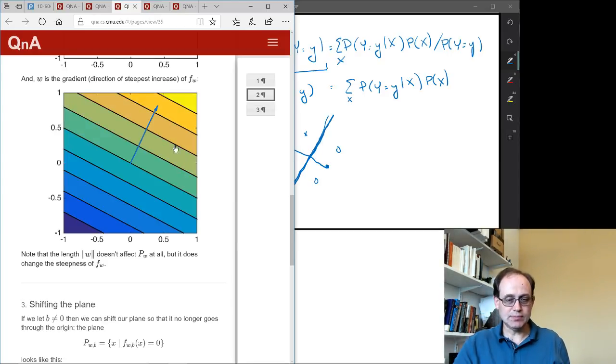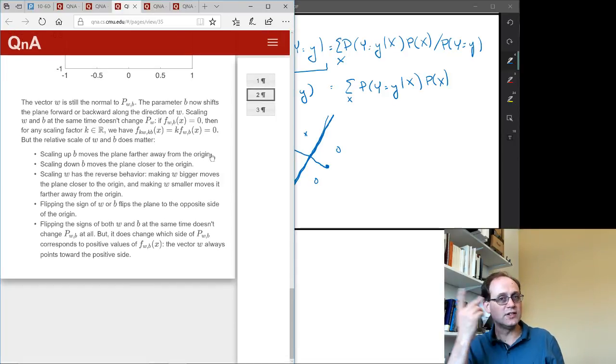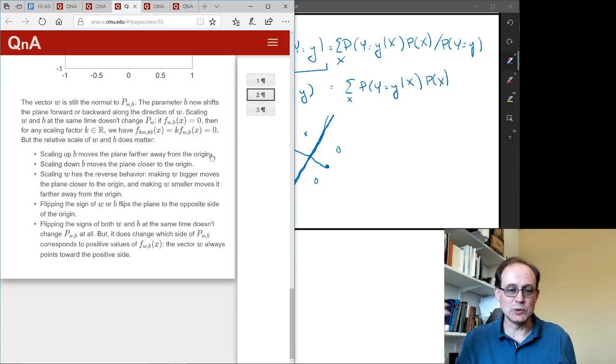Like I said, play with some of these plots, and that should help you build some intuition about the behavior of vectors and linear functions. And as always, if you run into anything you don't understand, post a plot on Piazza and ask us why the heck it looks like this, and we'll do our best to answer.